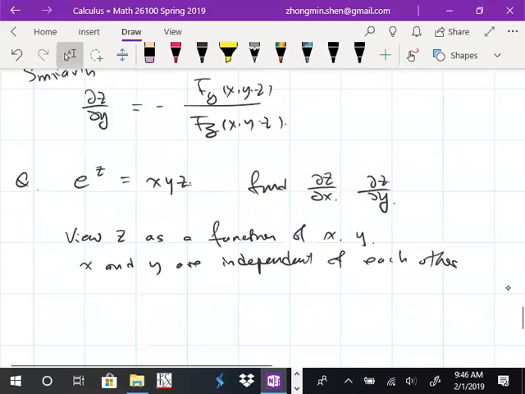When you solve for z, you get a function of x and y, but you cannot actually solve it. You just say the solution exists.